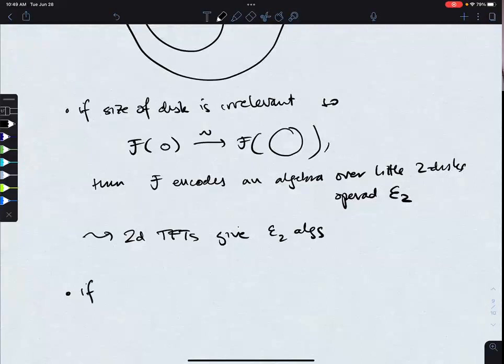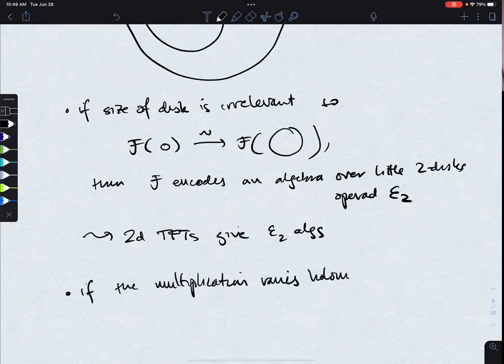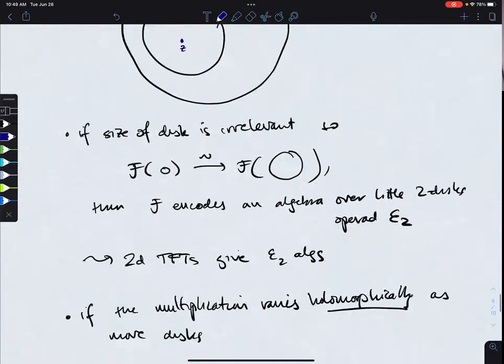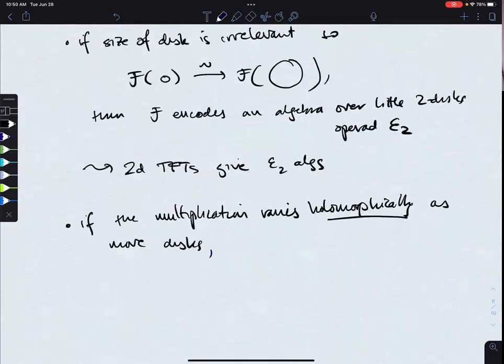If the multiplication instead varies holomorphically as you move the disks, so you could imagine these are now disks inside of C. If you identify R2 as C, this is a point Z and this is a point W. If the multiplication depends on Z and W holomorphically, then F encodes a vertex algebra.